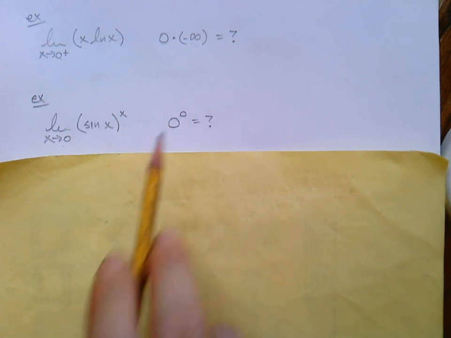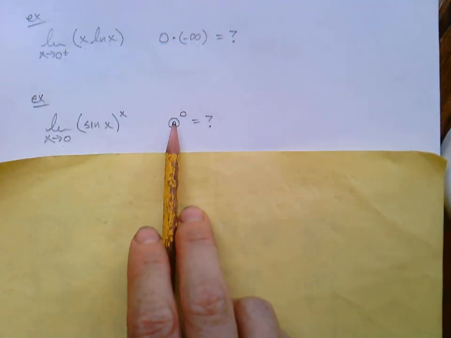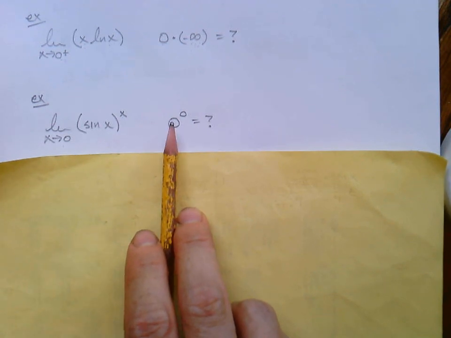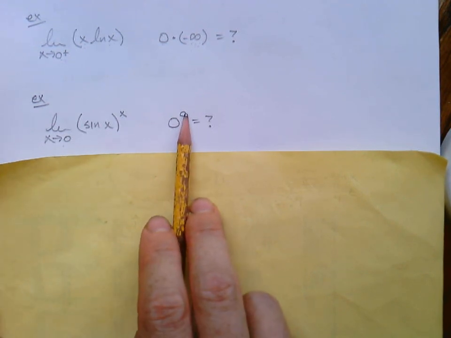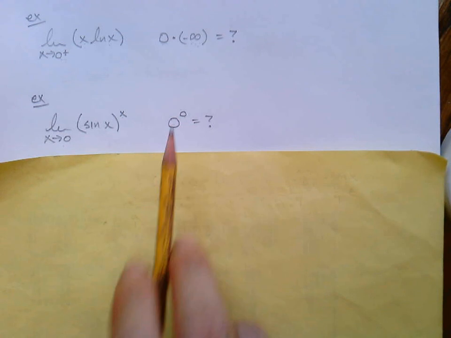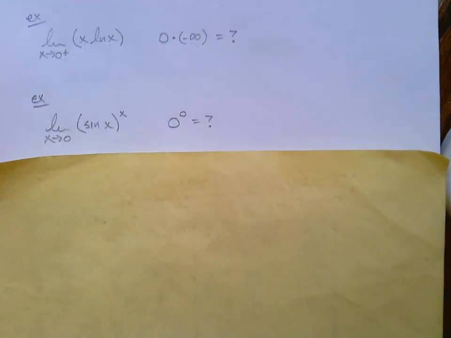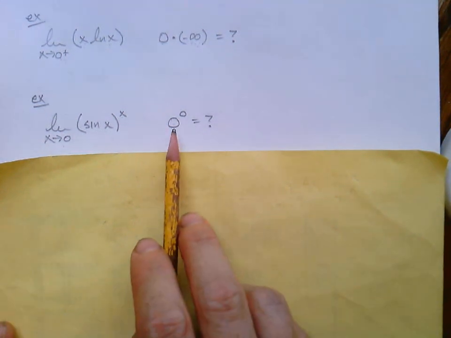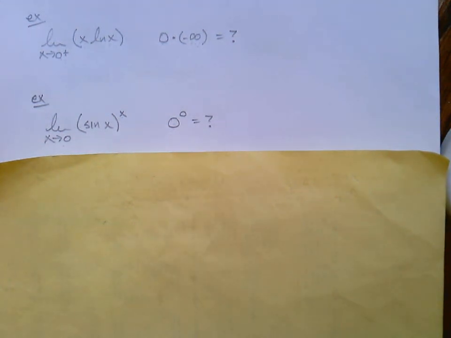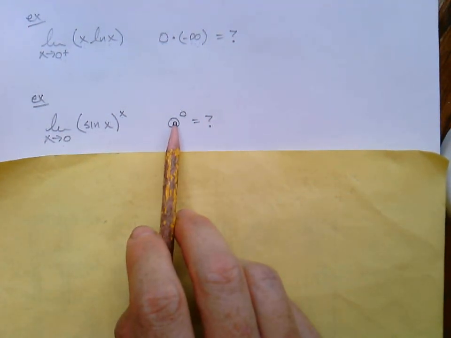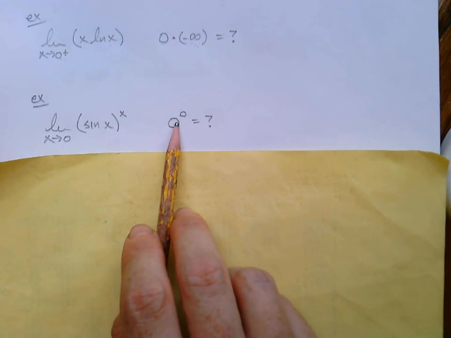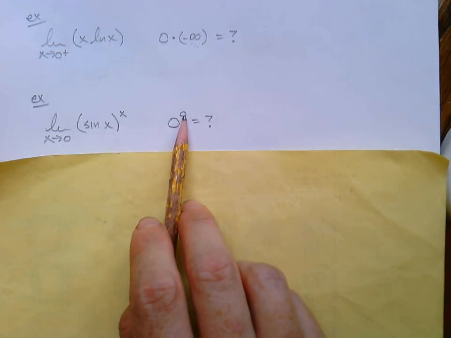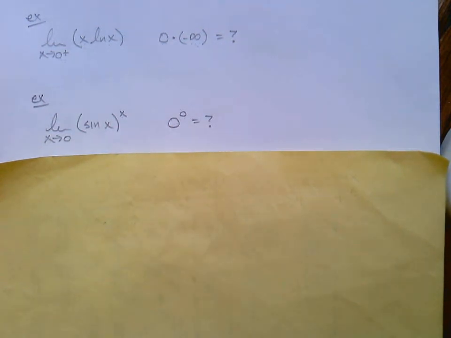The 0 here is pulling the answer for the limit towards 0. The 0 here is pulling the answer to the limit towards 1, right? Anything raised to the 0 equals 1. So now it's not pulling to infinity, but this answer is either 0, or maybe it's 1, or maybe it's somewhere in between.